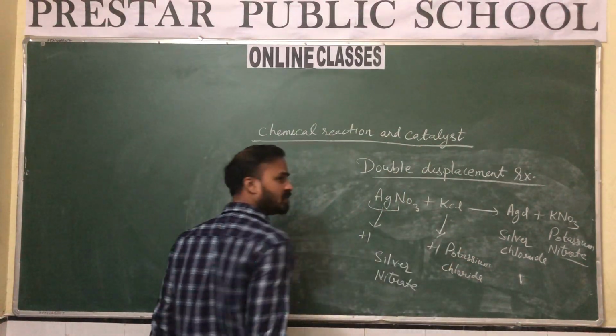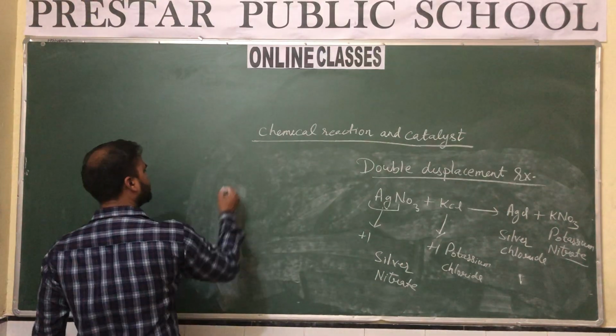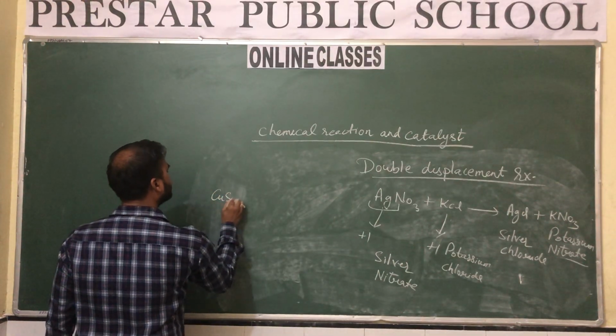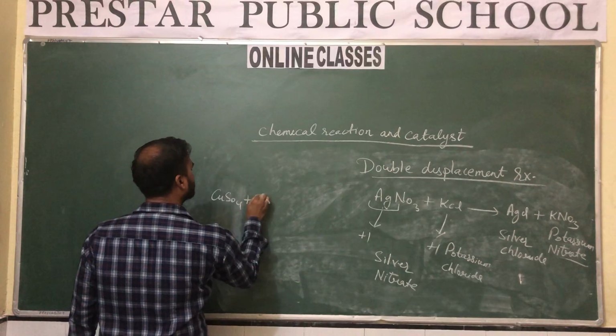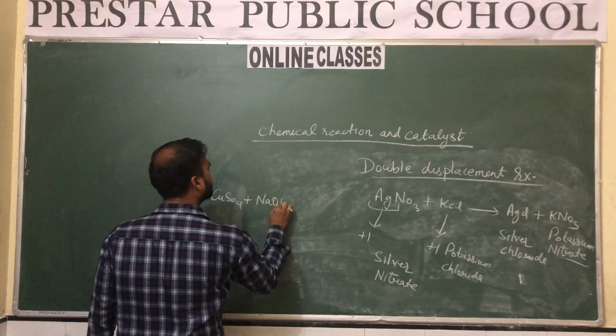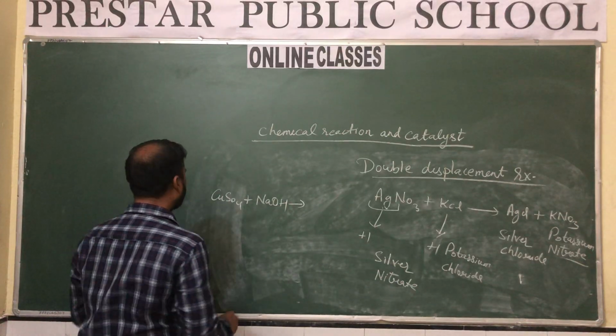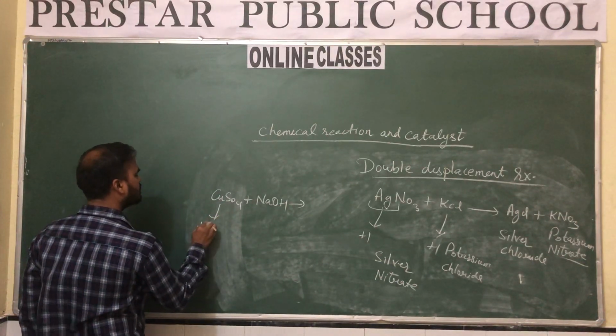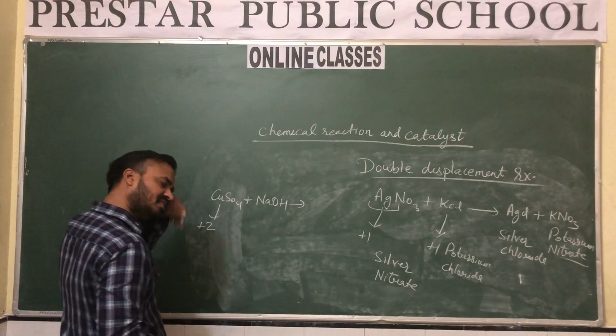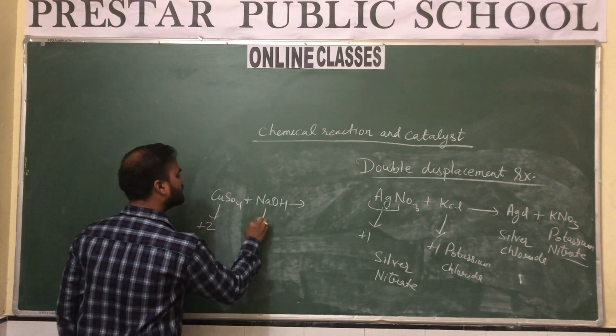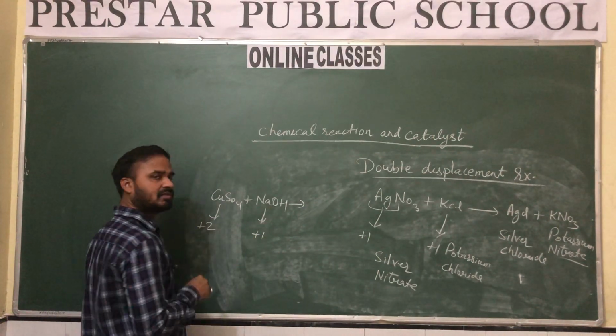So in this, the atoms of both reactants displace each other. Let us take another example, in which the valency of copper is +2, and here the valency of sodium is +1.